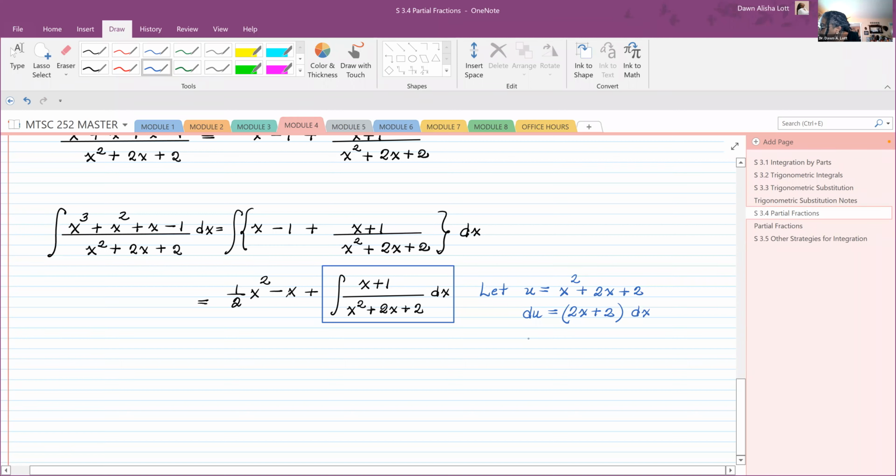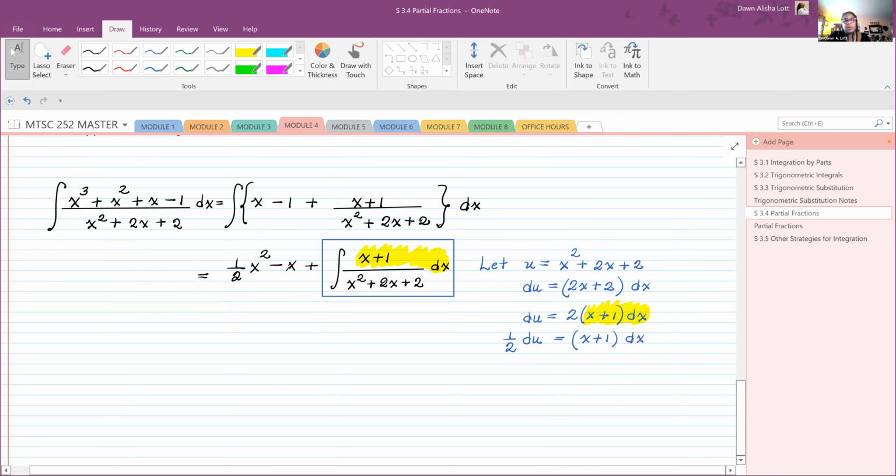I'm going to factor out the 2 and get 2 times x plus 1 dx. And I can say, wow, look at that. Here's x plus 1 dx, and here is x plus 1 dx. So x plus 1 dx is equal to 1/2 du.